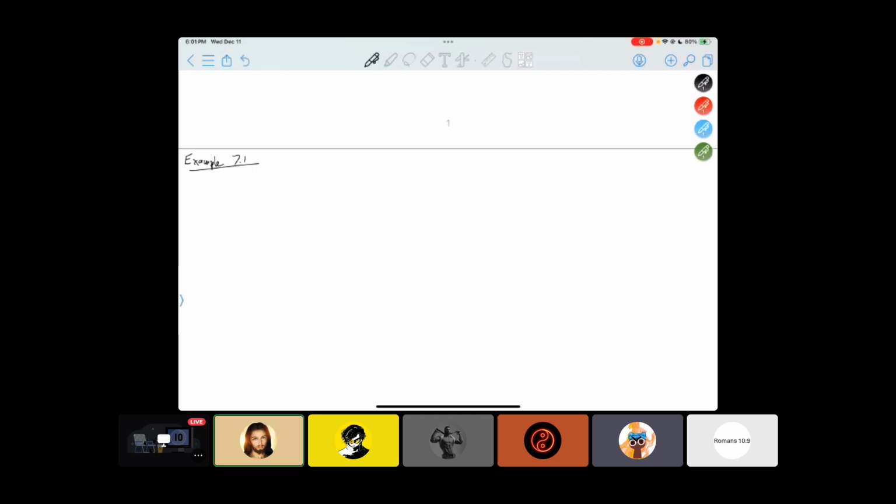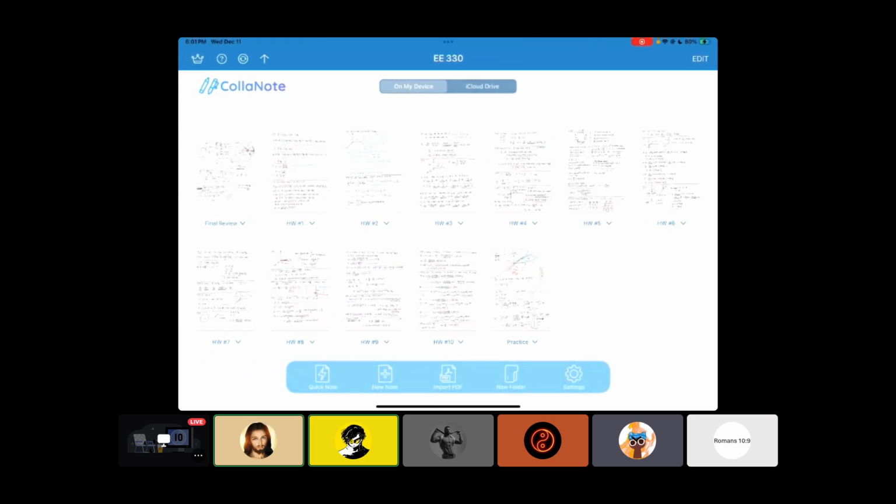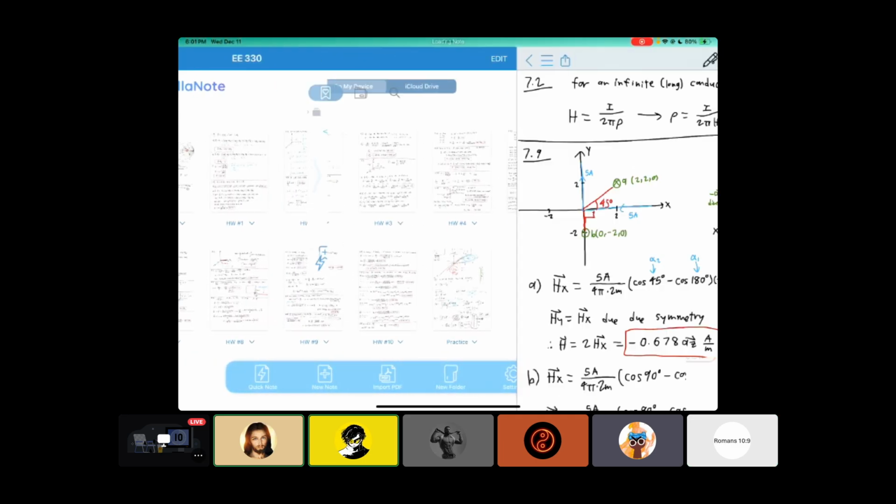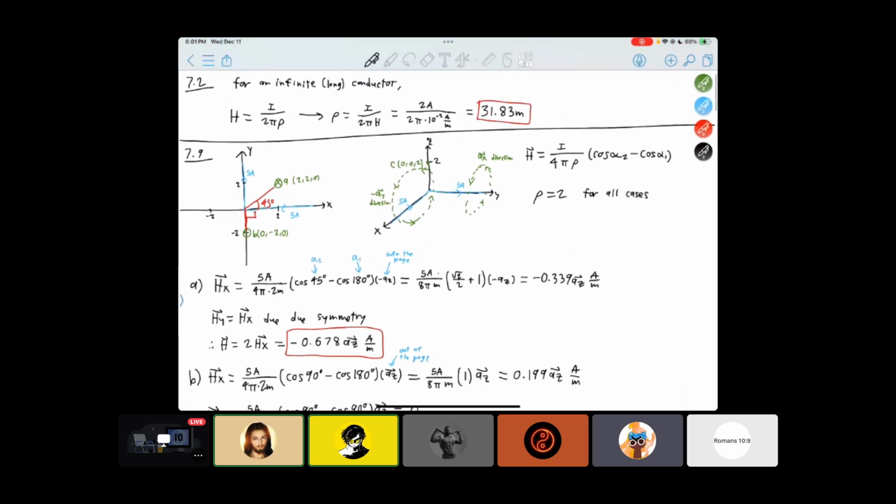But I think the best thing to do instead is to look at our past results and go to homework 6 and see what we actually did here. They say past results are the best indication of future performance. Got to get that Baker lore in there.